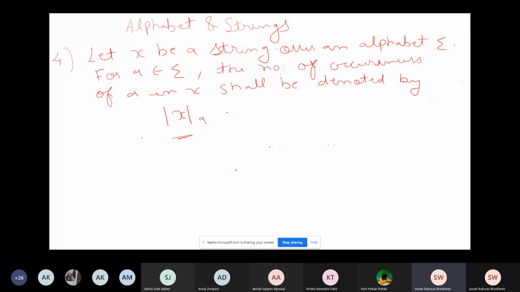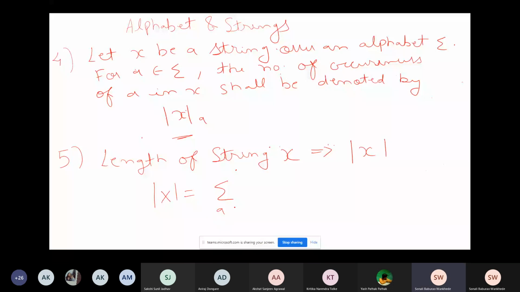Similarly, we have another rule which says that the length of a string x is denoted by mod of x, and it is defined as mod of x is equal to the summation over a belongs to sigma of mod of x to the base a. I'm not interested in occurrences over here.